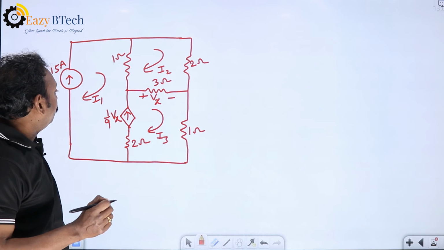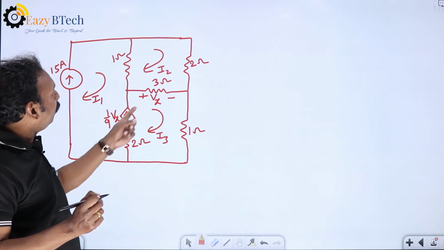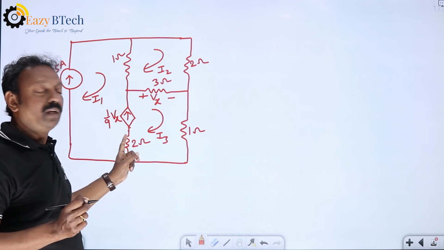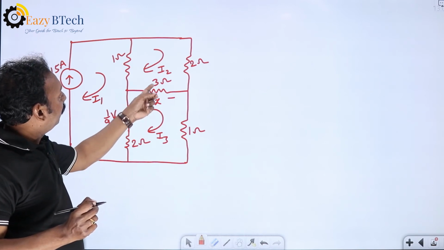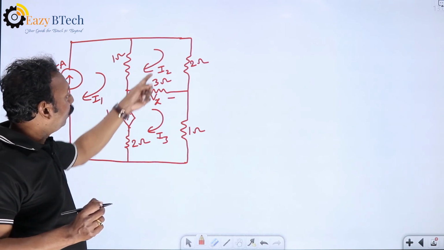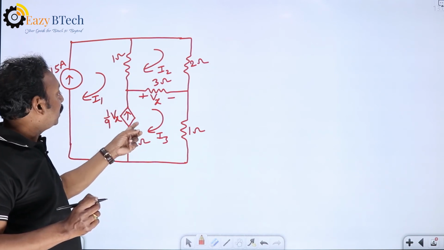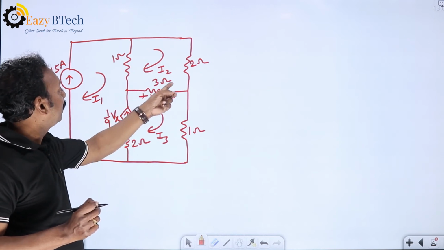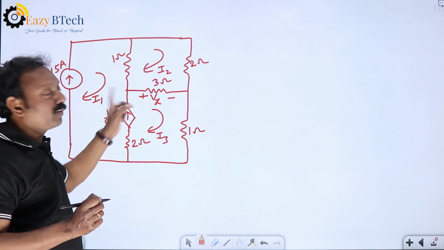First try to convert this Vx controlling variable in terms of the loop currents. Vx is the voltage across the 3 ohm. This 3 ohm is present between the second loop and third loop. I3 direction is entering the positive and leaving from negative, whereas I2 direction is entering negative and leaving from positive.